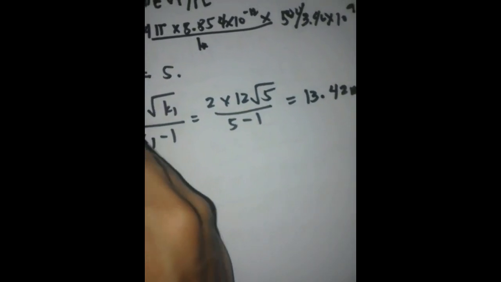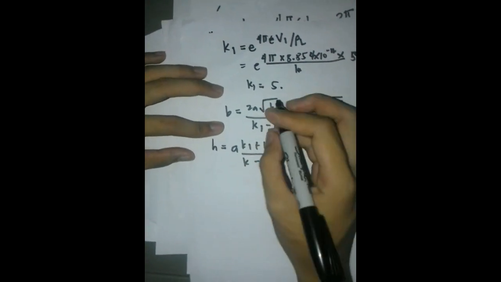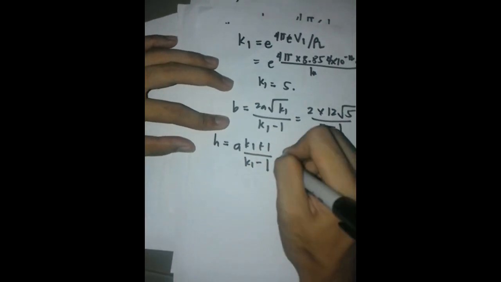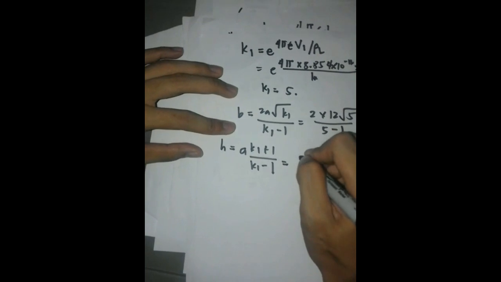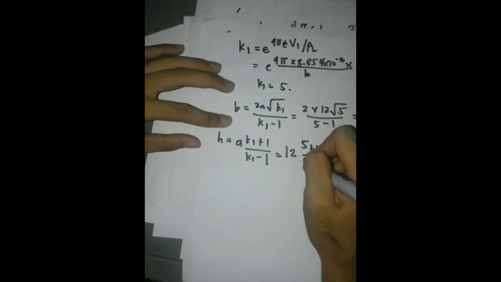And the corresponding value of h becomes, from the formula, h equal to a times k sub 1 plus 1 over k sub 1 minus 1. Substituting the given, 12 times 5 plus 1 over 5 minus 1, then h equals 18 meters. This cylinder is shown in the figure.